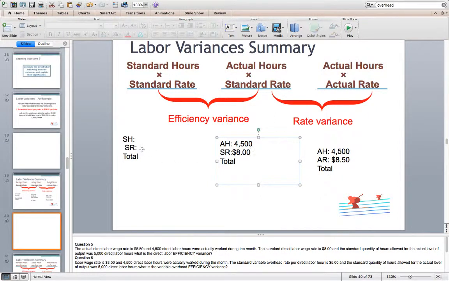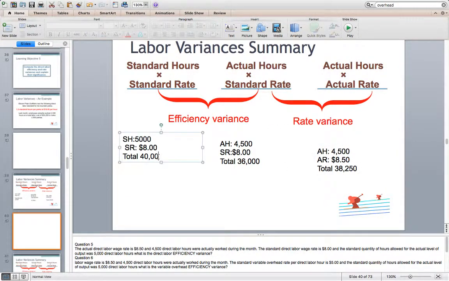And standard rate, $8, like I said. And standard hours is 5,000. So we'll do that now. That's 40,000 over here. And then this will be 36,000. And over here, let's see, 38,250, I think. Okay, and then we'll look at the efficiency variance and the rate variance.